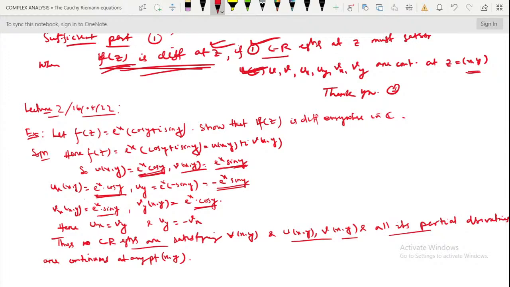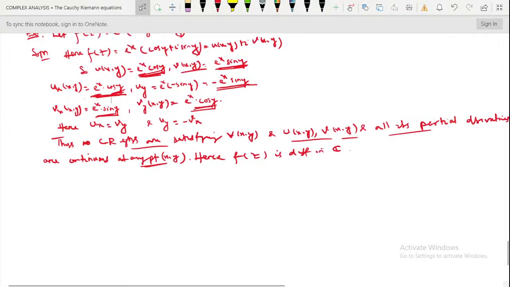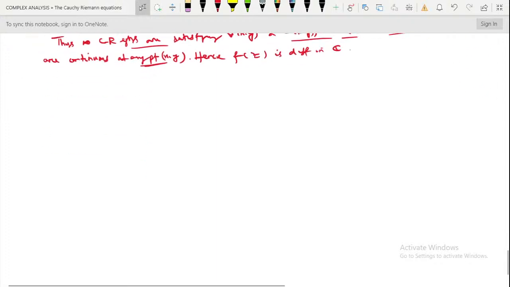Since these two conditions are satisfied, hence you can say f of z is differentiable in the whole plane. See here, u, v, u x, u y, v x, v y are all continuous, because all these are products of exponential and trigonometric functions, and you know exponential is continuous and trigonometric is continuous, so their product is again a continuous function. So this thing holds.